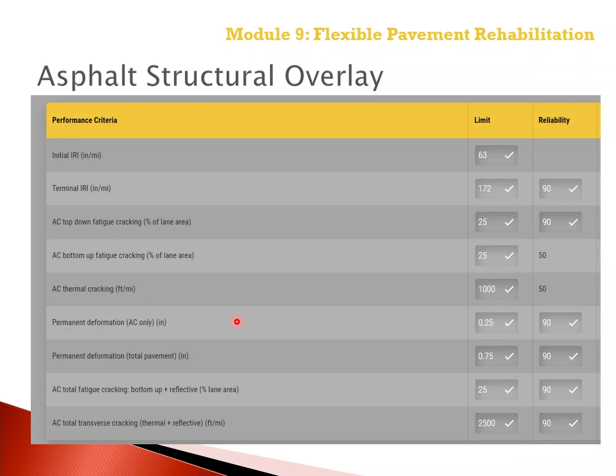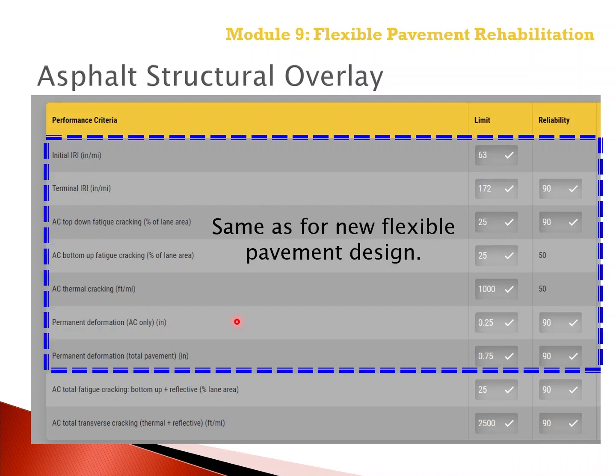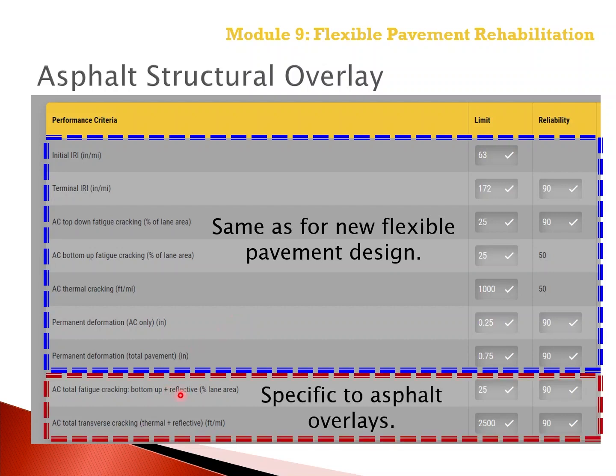For the asphalt structural overlay, the performance criteria basically are the same as for new flexible pavement design. The only difference is the additional criteria that are specific to asphalt overlays, which include reflection and new bottom-up fatigue cracks, and reflection and new thermal transverse cracks as the new design criteria.